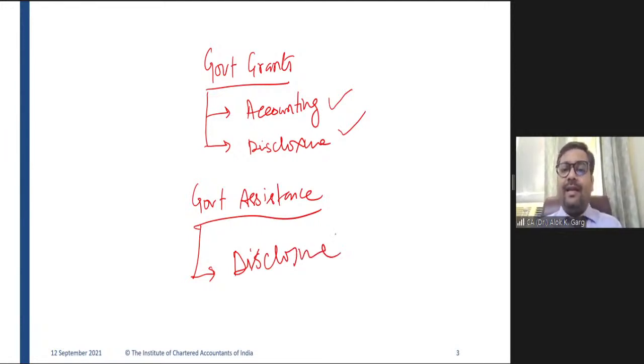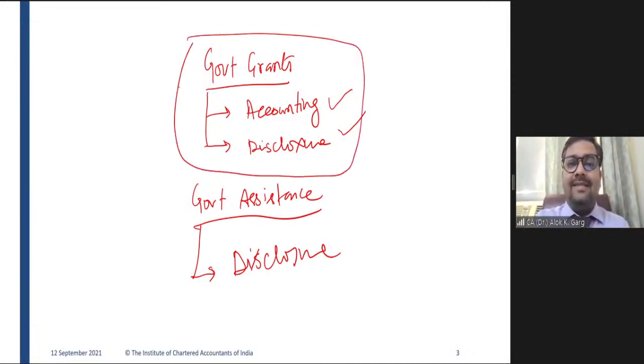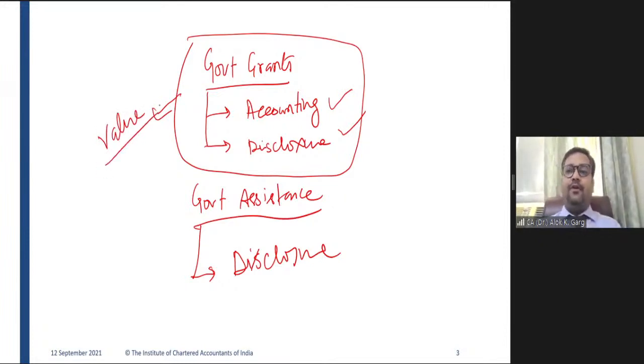This standard only talks about the disclosure of government assistance. The government grant we are talking about has some value. Like the government has given land free of cost, but the land has some value. Or the government has given a concession on the purchase of land. For example, the land is worth 50 lakhs, but the government has given a concession of 20 lakhs.